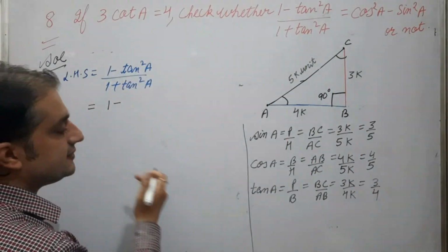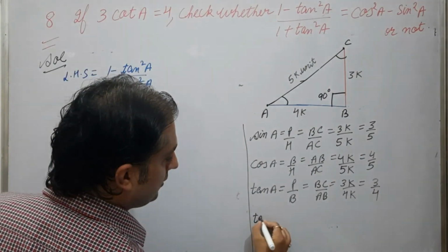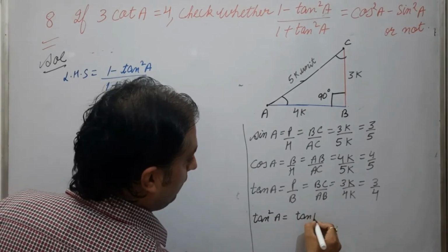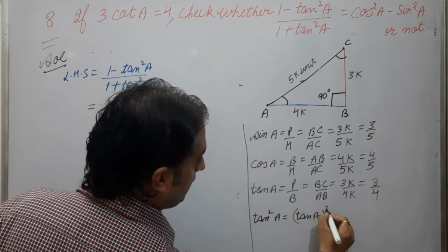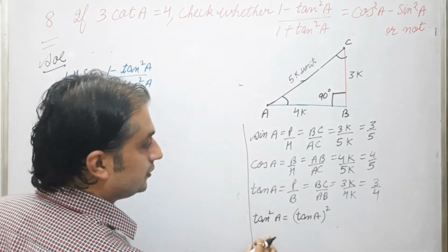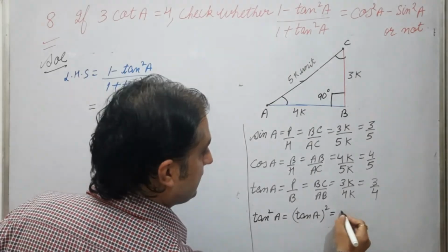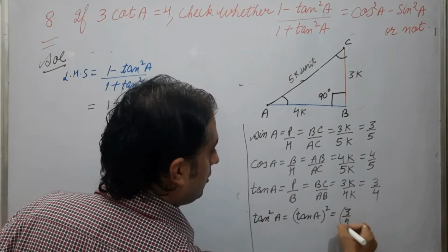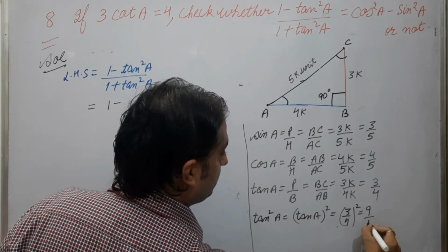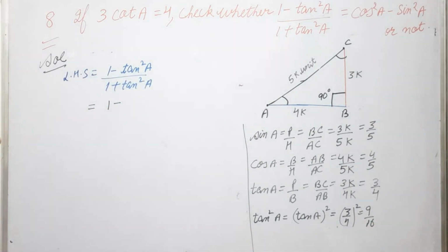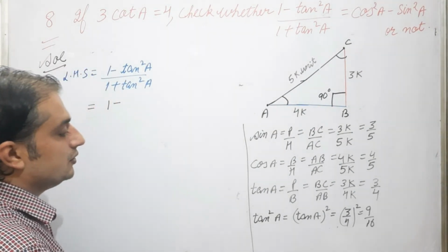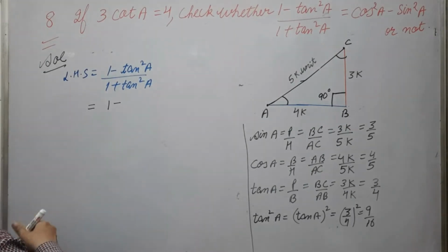What is the value of tangent square A? You know tangent square A is the square of tangent A, you can write this as tangent A whole square. So the value is 3 by 4 whole square, that is 9 upon 16. Right. So this is the value of tangent square. So you can write these values.